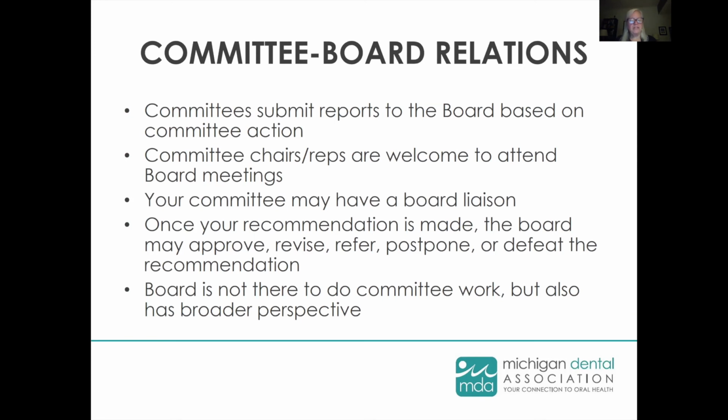They may refer it. They may say, this is a great thing, but I'd like to know what this other committee thinks about this. Can we refer this issue to that other committee as well? Or they may even refer it back to you with a question. They might also say, we want to take this up, but not at this meeting, so we're going to postpone discussion till another time. Or they may vote it down entirely.